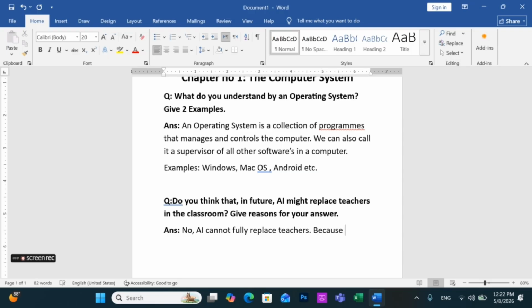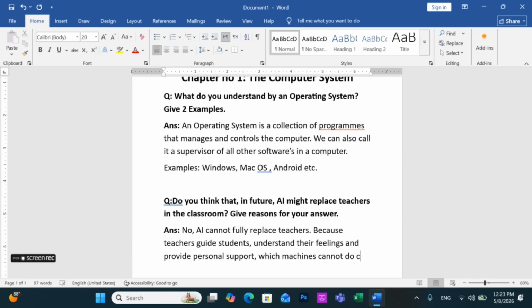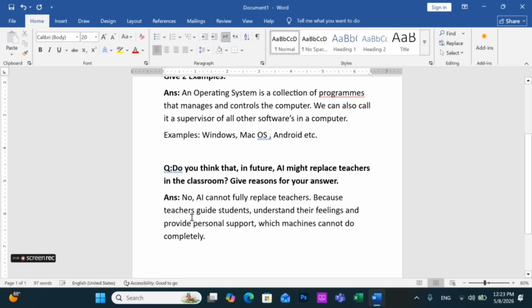Because teachers guide students, understand their feelings, and provide personal support, which machines cannot do. Okay, so this is my answer, that no.